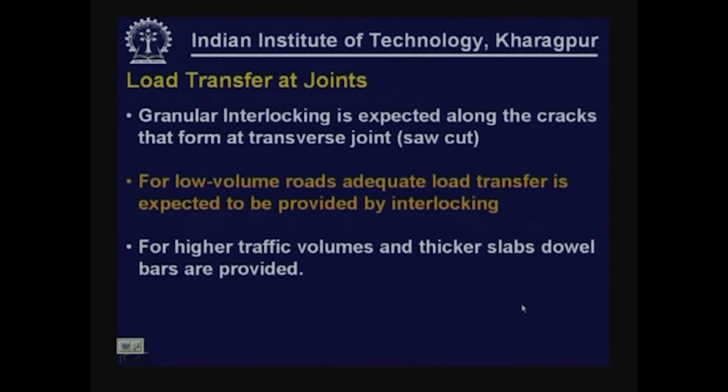The load transfer at joints, as I just discussed, can be through granular interlocking. It is expected along the cracks that form at the transverse joint, which develop below the socket. For low volume roads, adequate load transfer can be expected to be provided by interlocking. Usually we do not provide dowel bars in the case of very low volume roads.